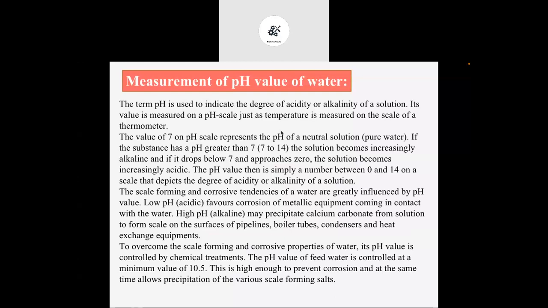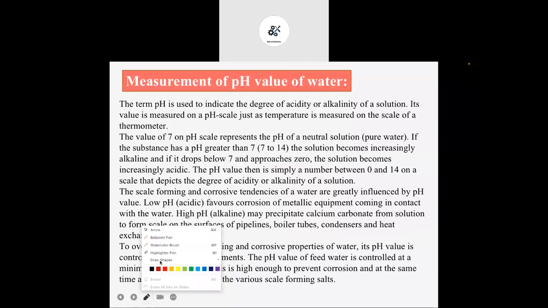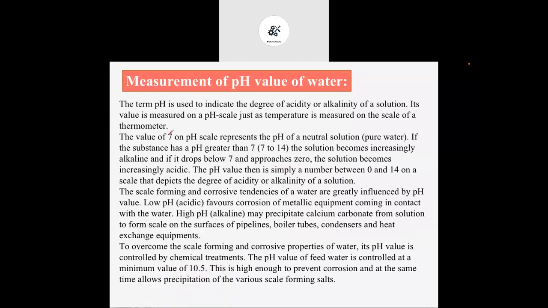If the pH value is 7, we consider that solution a neutral solution, meaning it doesn't affect other materials or fluids.